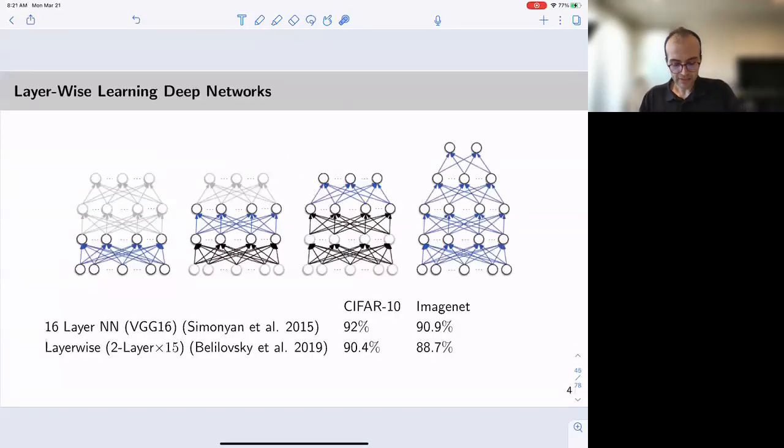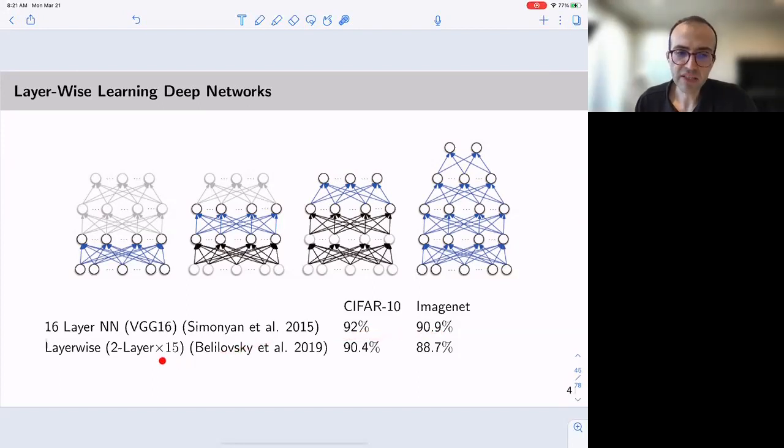Okay, so how do we train deeper networks? So one way is actually you break down the training problem into training a single layer at a time. And people show that actually this method, the layer-wise learning method, is comparable to the state of the art. If you train a 16-layer neural network, this VGG16, one of the good performing ones, you will get these accuracy values.